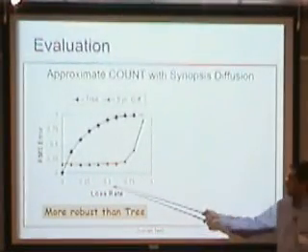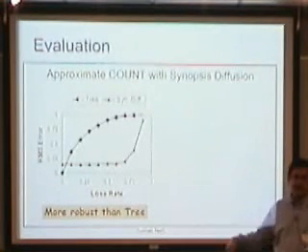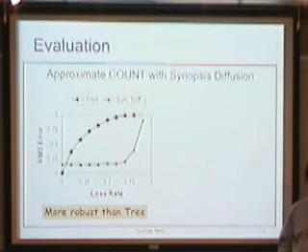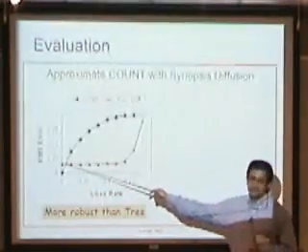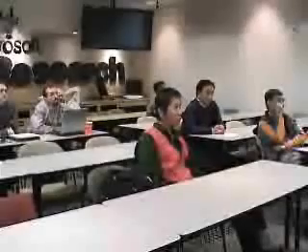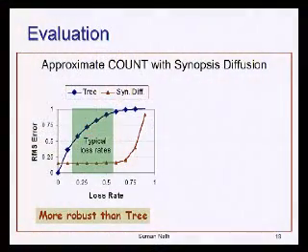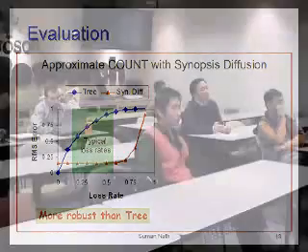When the loss rate is very small, say 0, tree is better because it doesn't have any approximation error. But synopsis diffusion has the approximation error when there is no loss. But when the loss rate increases, the RMS error of tree goes up sort of exponentially, whereas that for synopsis diffusion is very stable over time.